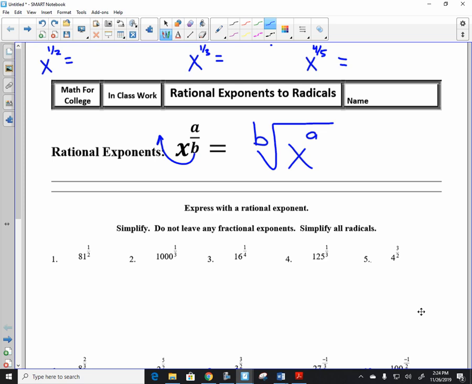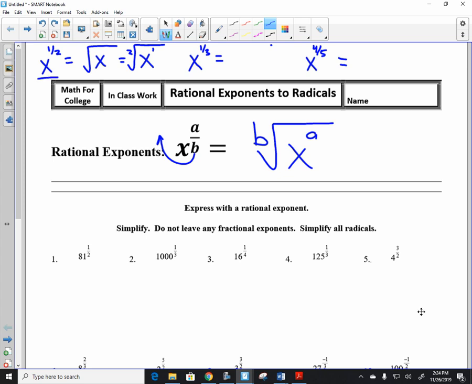So x to the 1/2, that's the same as the square root of x. Now, I want to show you where the 1 and the 2 went. The 1 is the exponent for x. The 2 is the assumed root when you have that radical sign. So these mean the exact same thing.